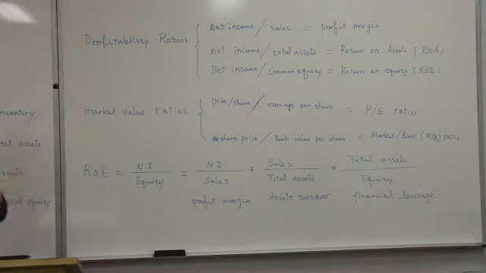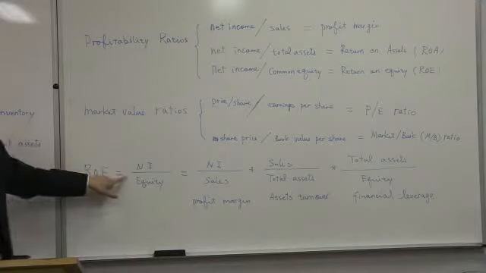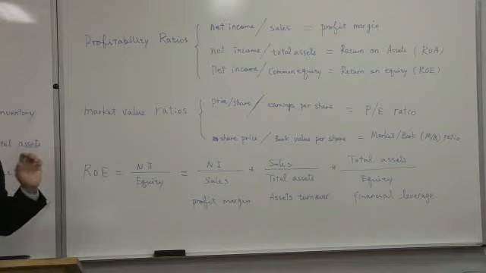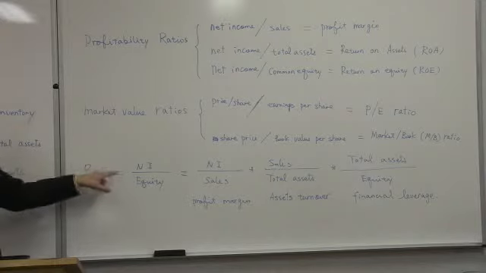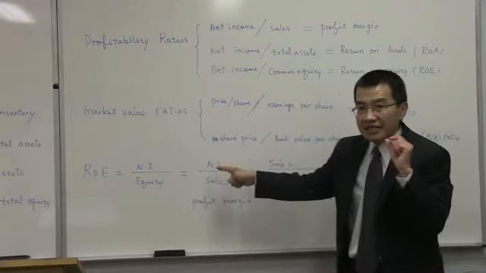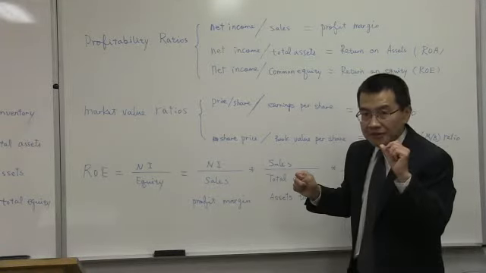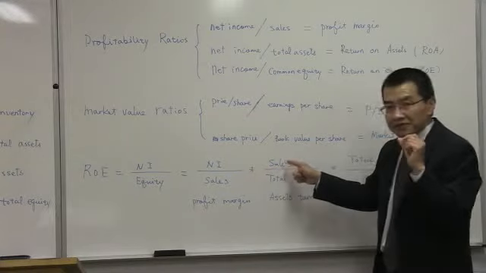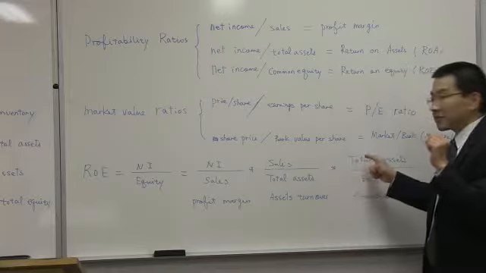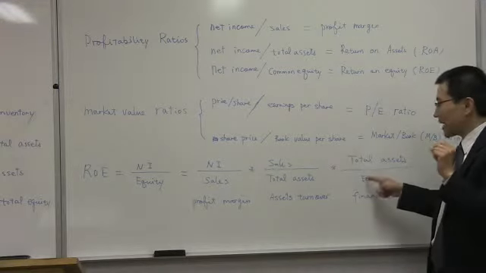Another thing we want to emphasize here is the return on equity, the ROE. Remember, the original definition of the ROE uses net income divided by the equity. But we can rearrange this formula. First, we can use net income divided by sales, multiplied by sales, then divided by total assets, multiplied by total assets, then divided by the equity.